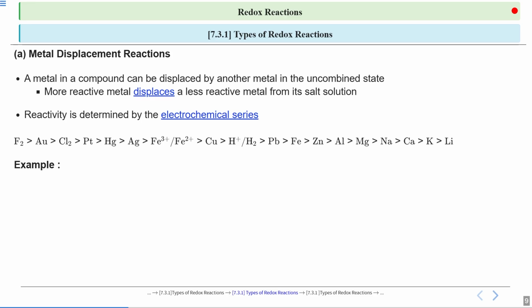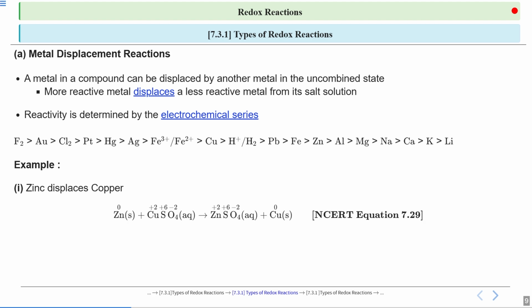If you look at an example, zinc displacing copper. If you consider the reaction, that is NCERT equation 7.29, you will find that zinc on reaction with copper sulfate gives the products zinc sulfate plus copper.